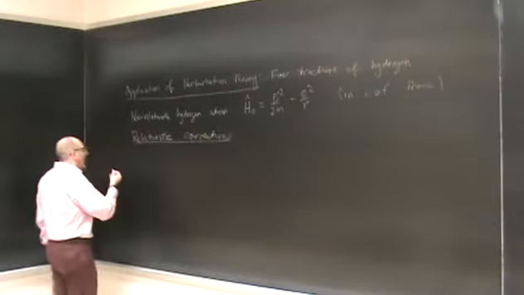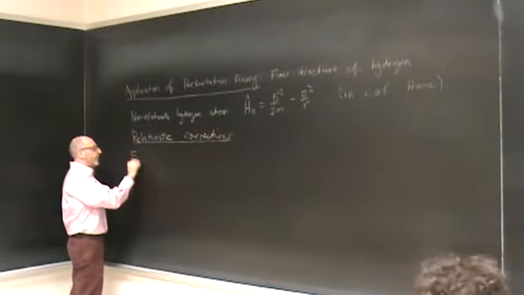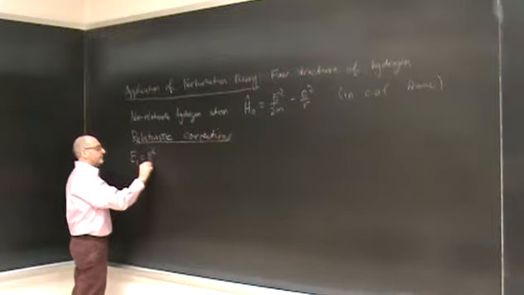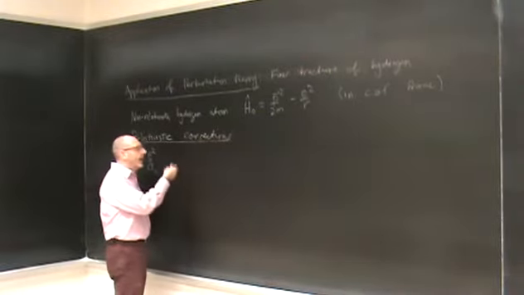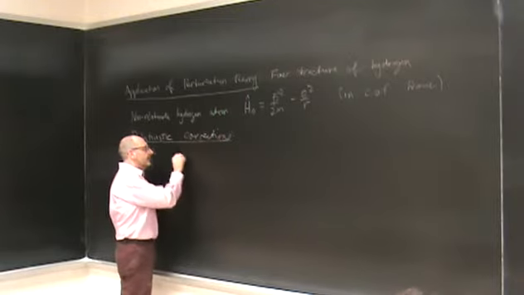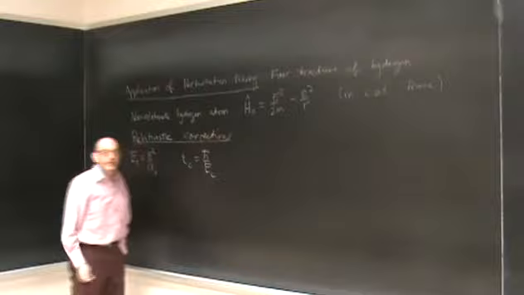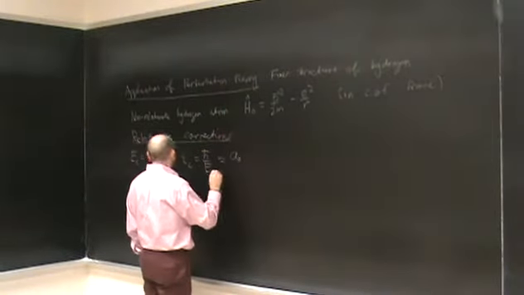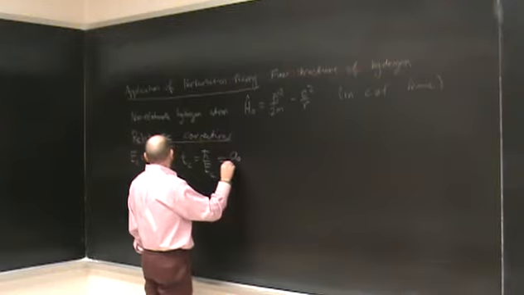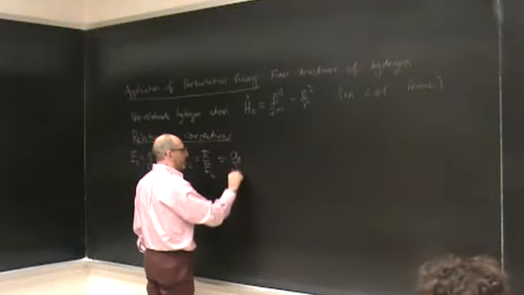Our characteristic energy is the Hartree. And there's a characteristic time given that energy, which is h bar over the energy. That's a naught over e squared, times h bar.